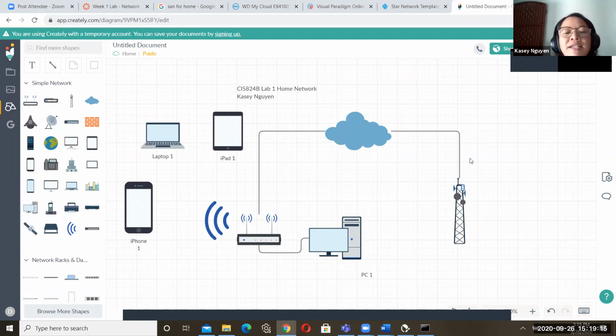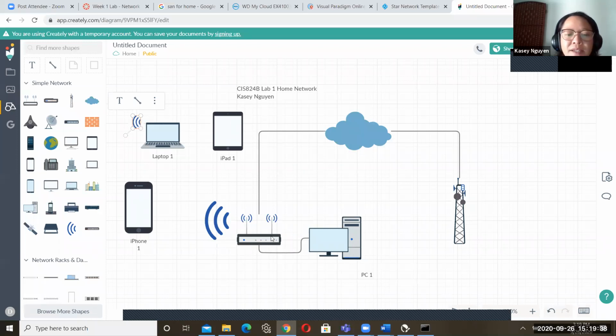Okay, so you get an idea of how to do this. So if I want to add a wireless signal on this one, I just drag it and then make it smaller. Okay. So now you have a point-to-point.